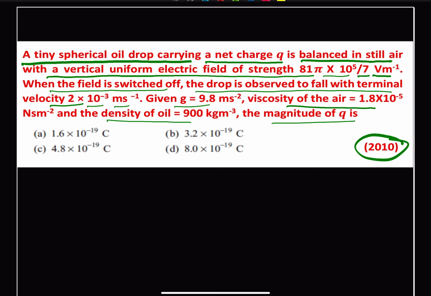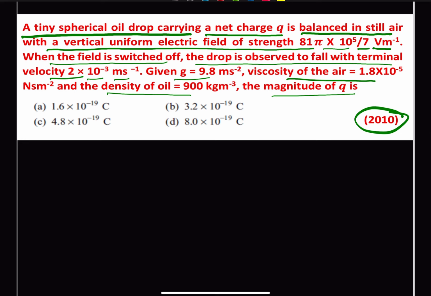So this question is basically in two parts. In the first part, it says that the charge is balanced in air by a uniform vertical field. So let us suppose we have a spherical oil drop and the net charge on it is Q. In the downward direction we have mg, and it is balanced by the electric force that will be acting in the upward direction.